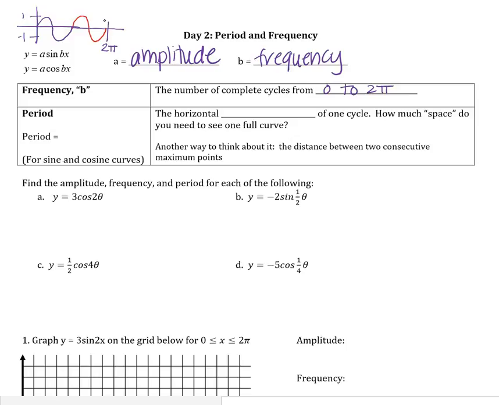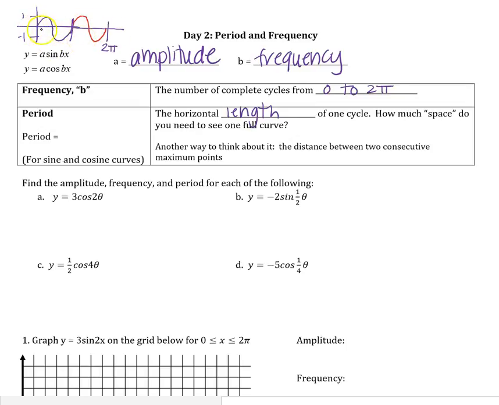So then there's another term that's related to the frequency, which is period, which is the horizontal length of one cycle. So how much space do you need to see the entire curve on your graph? Really what I'm asking is, if this is one full sine curve here in navy blue, how many units does it take to see that? So from 0 to 2 pi, two of them occurred.